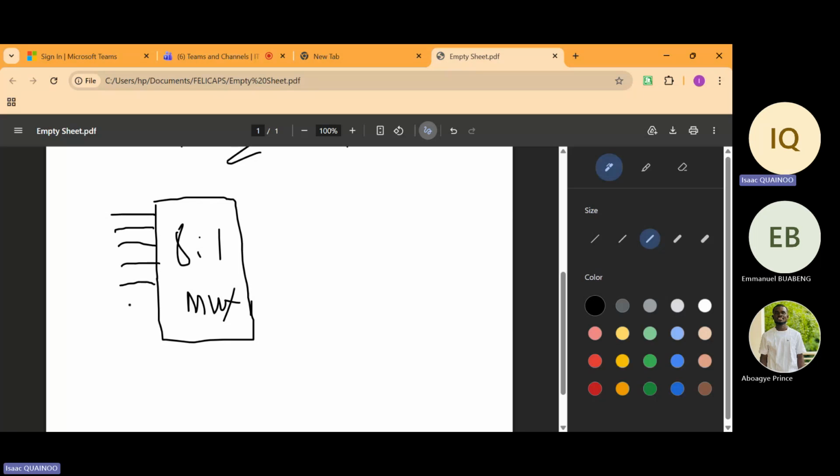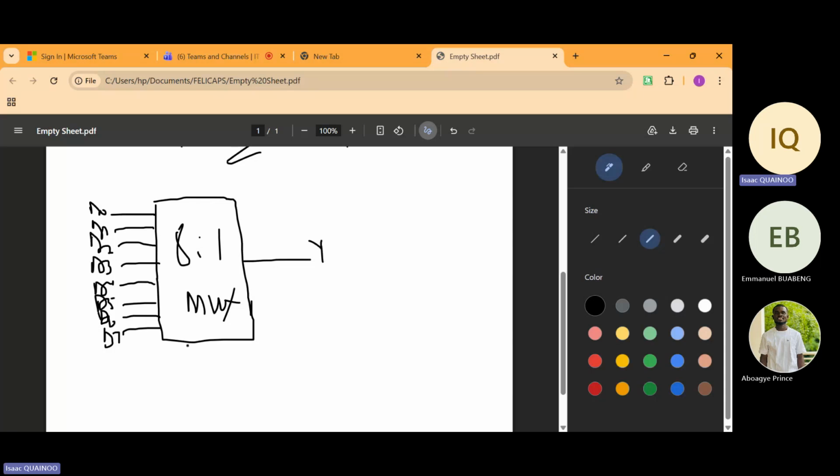So we have 1, 2, 3, 4, 5, 6, 7, 8 data inputs: D0, D1, D2, D3, D4, D5, D6, and then D7. And we are going to have one output, which is our Y.